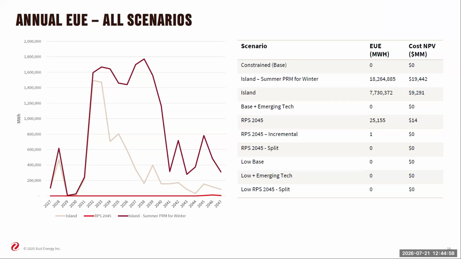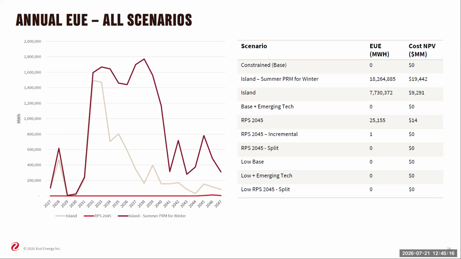I guess the only other comment I would provide, and I don't know how to solve this because it's happened to me in other jurisdictions where I've done modeling, is that you don't have EUE in the expansion plan, so the expansion plan doesn't know to solve for it, and then it pops up in your production cost run.